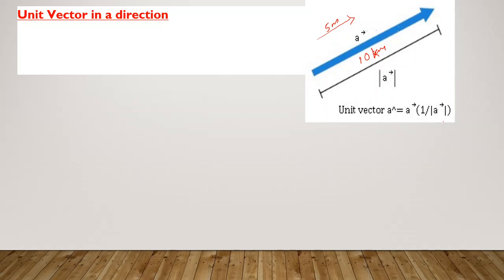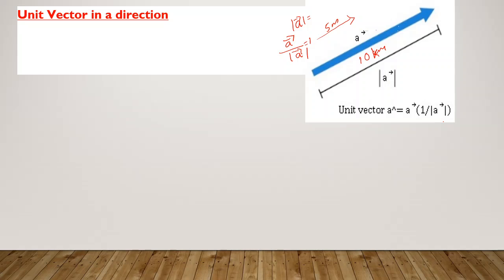So how to get the unit vector in the same direction? Very simple, dear students. Whatever vector they have given, just find out its magnitude, and then divide that vector by its magnitude. You will be getting a vector of length 1.